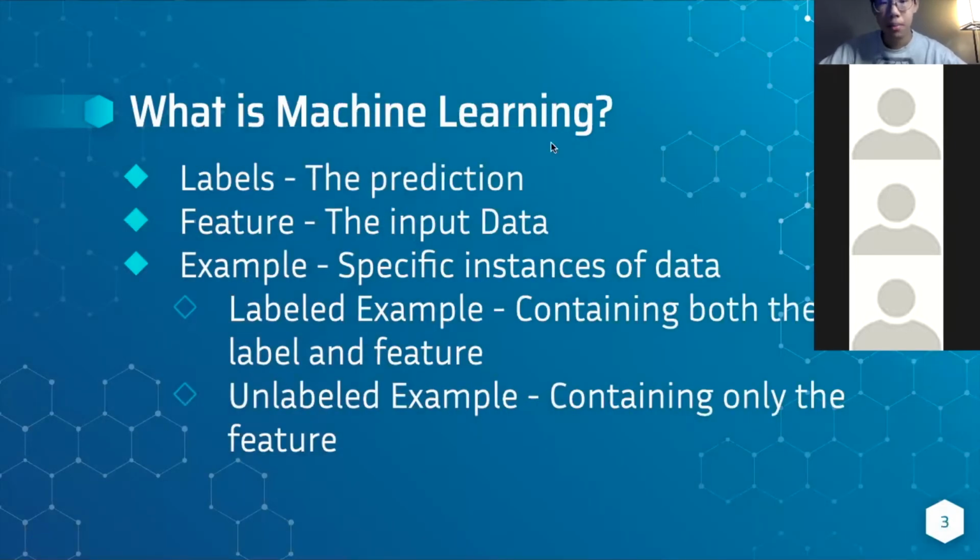There are some key terms we should understand in order to understand how machine learning works. There is a term called labels, which basically means we're trying to put a prediction label on each piece of data we get. For the previous example, the label would be the prediction we put on a person, whether they're more susceptible to cancer or not.